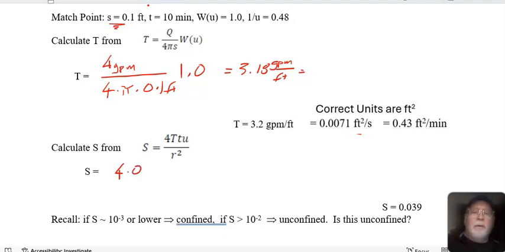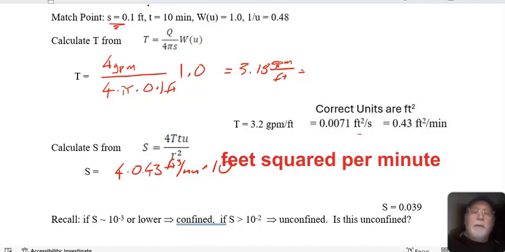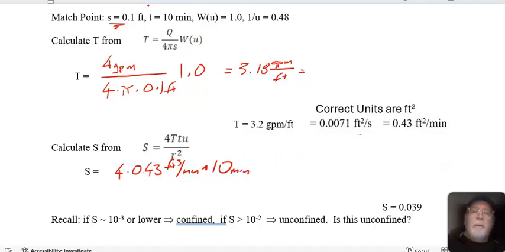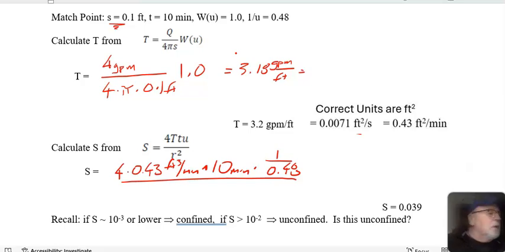So I'm going to do 0.43 feet cubed per minute times 10 minutes times a U from our match point, and our 1 over U was 0.48. So your U is going to be 1 over 0.48. That's dimensionless. All over R squared, and I have R as 30 feet, squared.